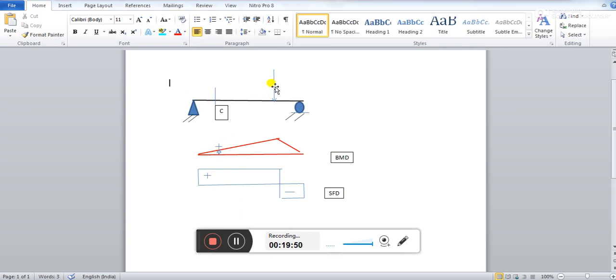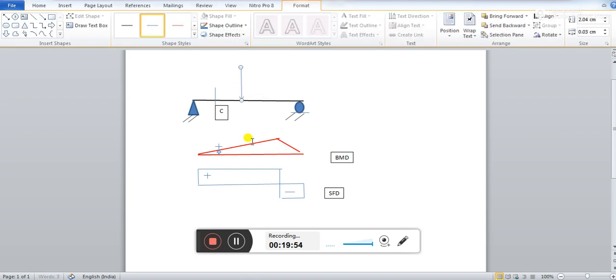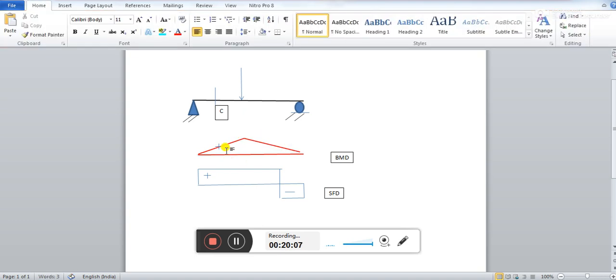However, when this load comes to this point, how much will be the bending moment at C? The ordinate of bending moment will change, right? The amount of bending moment will change.